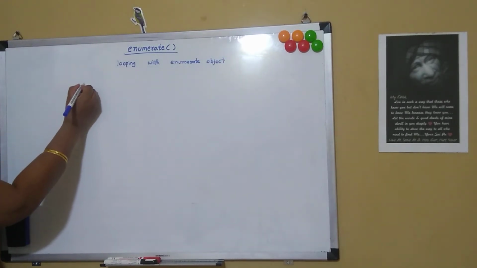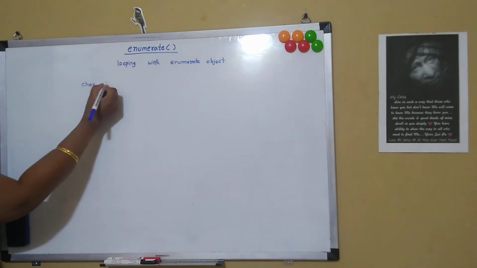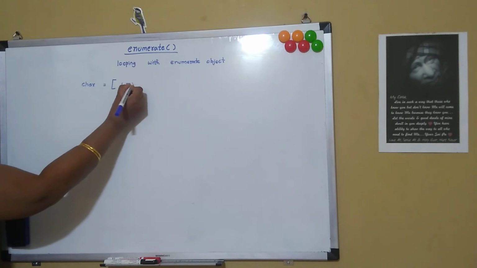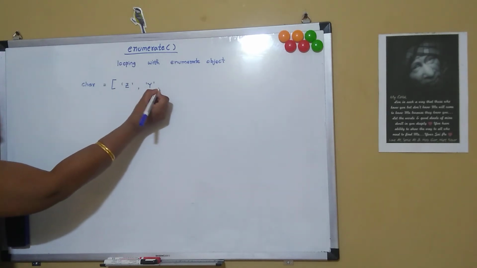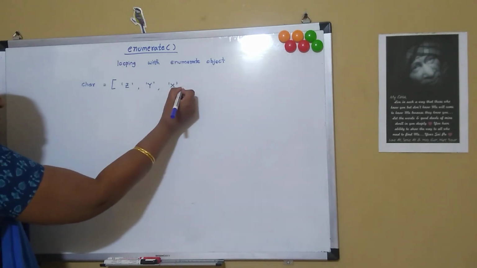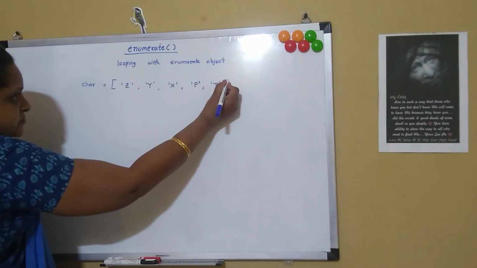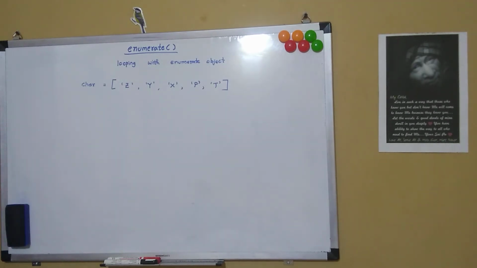Suppose we have characters, CHAR. It's a list having Z, Y, X, P, T. So this is my list character having these particular items.